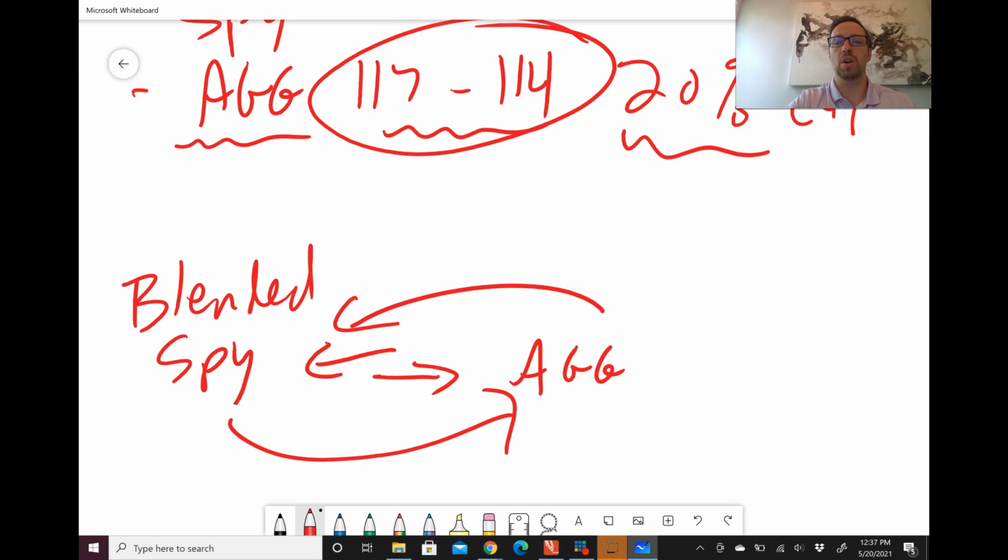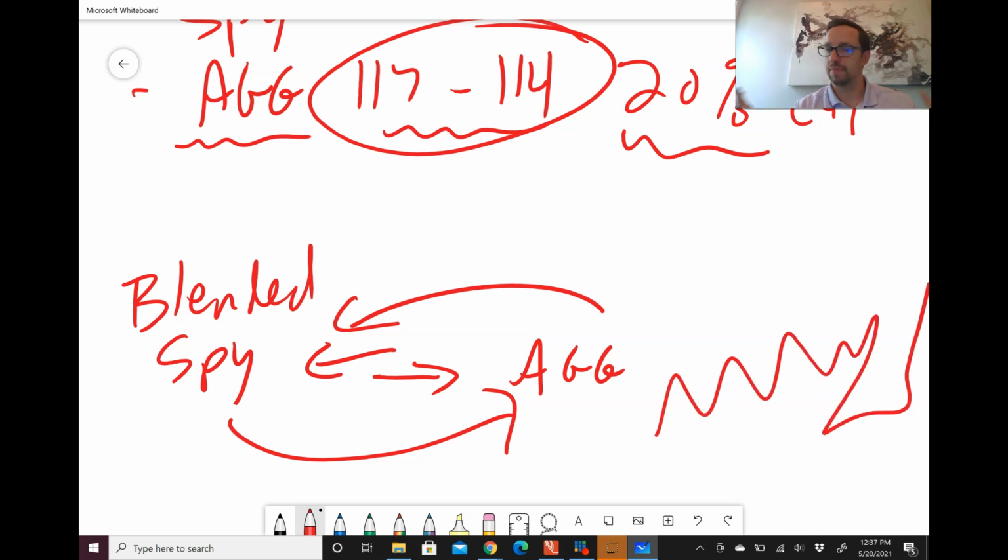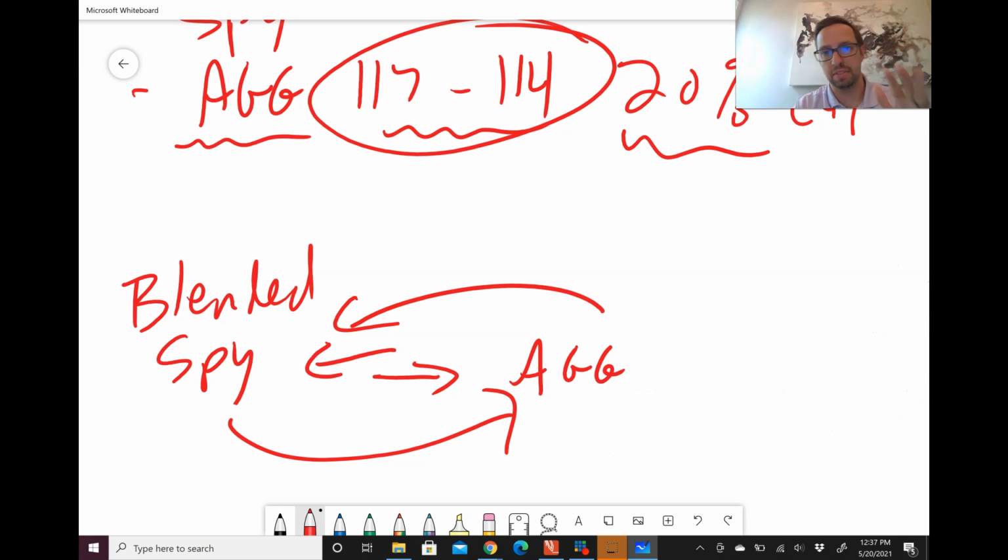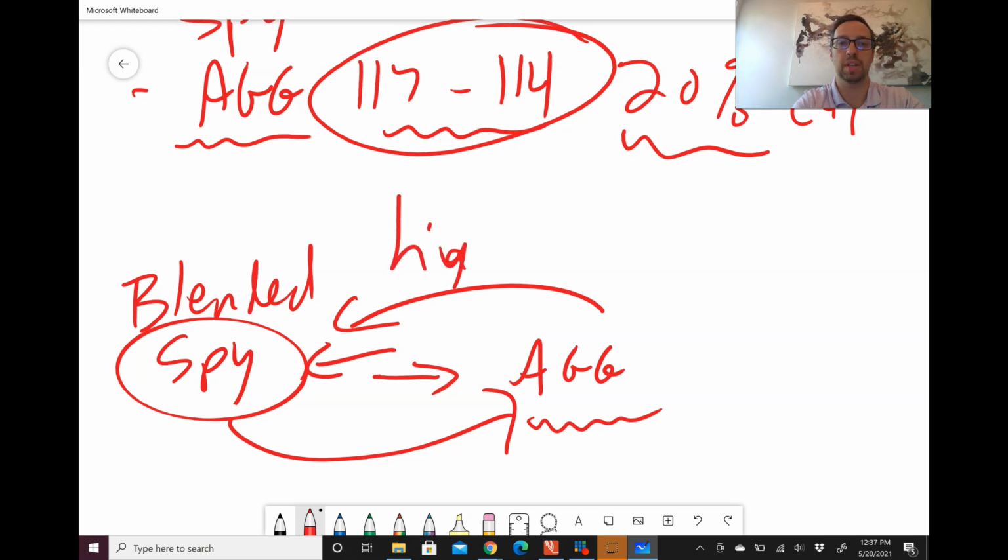So as the market is doing what it does, going all over the place, there's an algorithm that's trading this particular index, moving money between the S&P and bonds. And since we have some bond exposure, it's not a full-blown S&P index. Since we have bond exposure, you can actually get higher caps on this blended index than you can get on just a straight S&P.